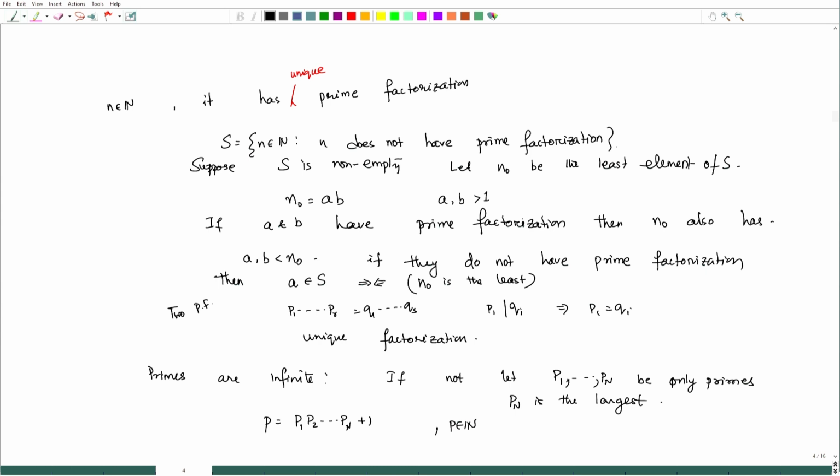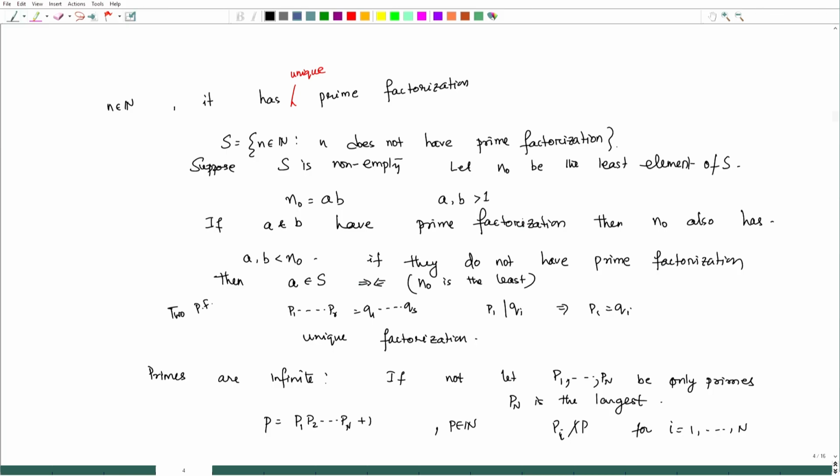We have only primes P1 to Pn at our hand. Now you can see that P is not divisible by P1; Pi does not divide P for i equal to 1 to n.